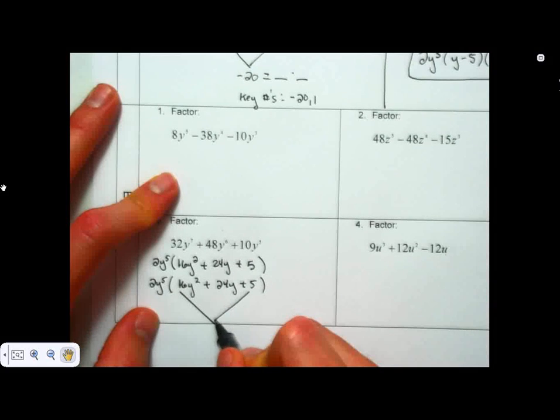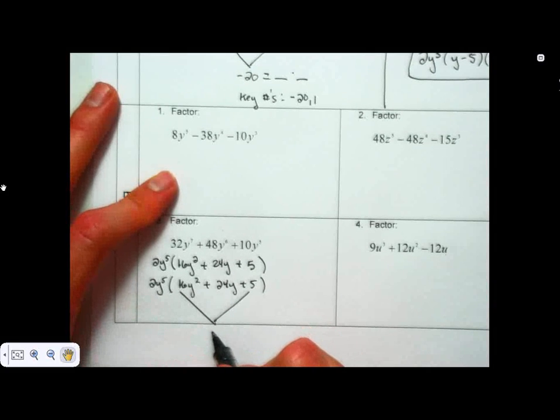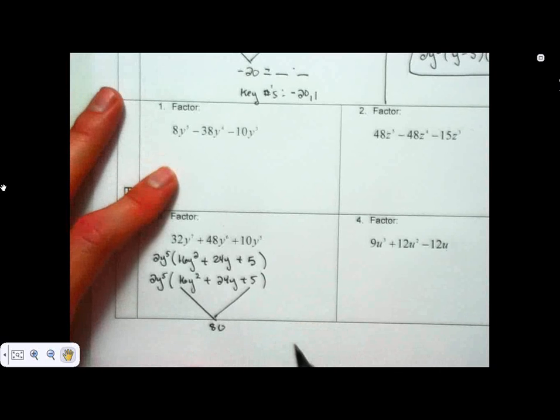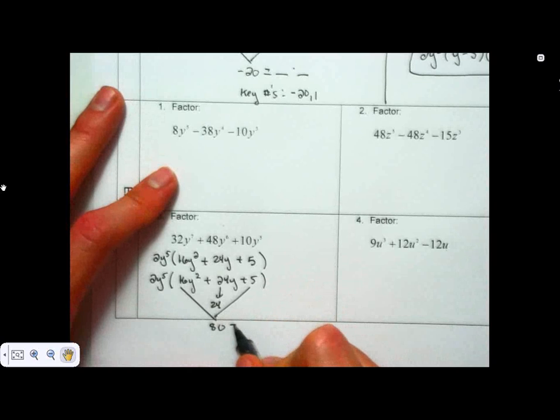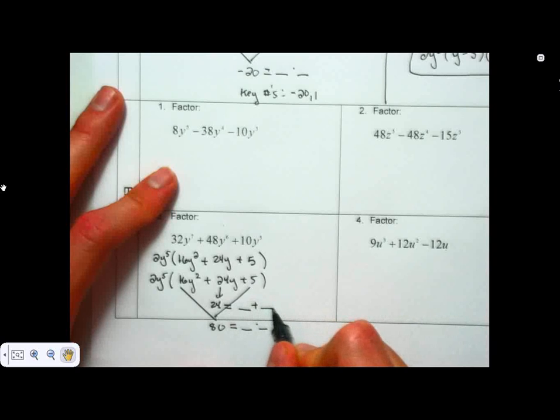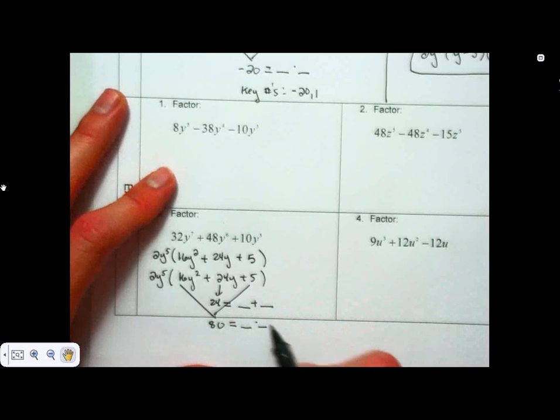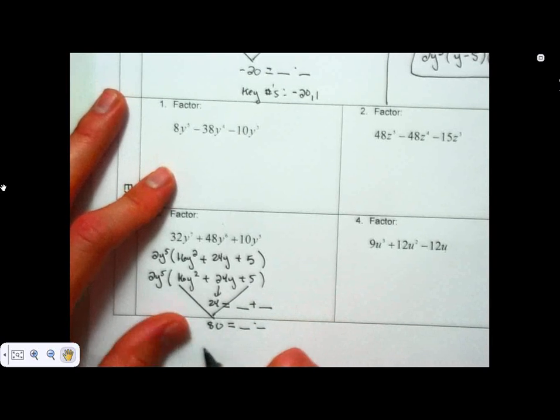If I multiply my two outside guys, that gives me 80. If I drag down the middle coefficient, that's 24. So I'm looking for two numbers that multiply together to be 80, and at the same time add together to be 24. So I think the winning combination here is going to be 20 and 4.